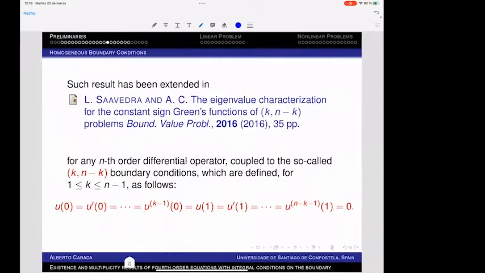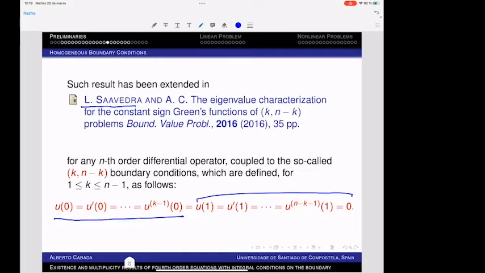But afterwards, with another student, Lorena Saavedra, we considered a general (k, m minus k) problem that included this one as a particular case. The (k, m minus k) means k zeros on one side and m minus k zeros on the other side, with at least one zero at 0 and at least one zero at 1.